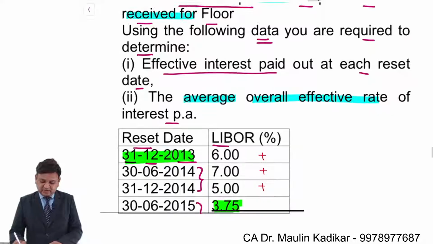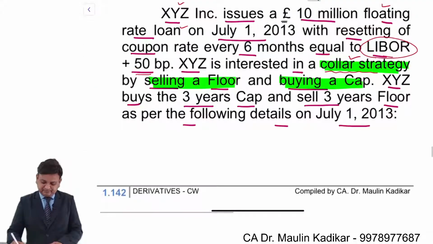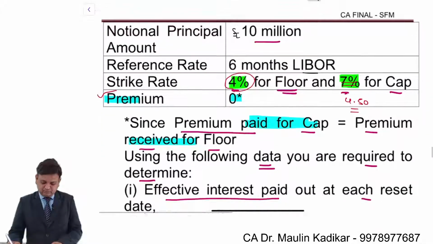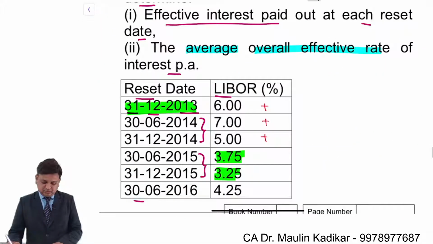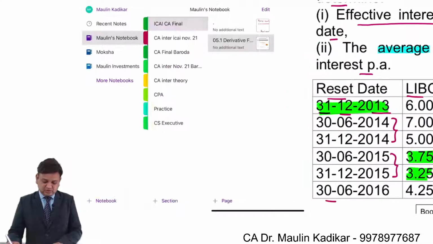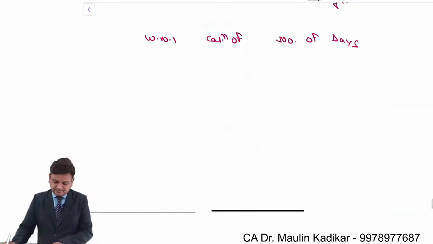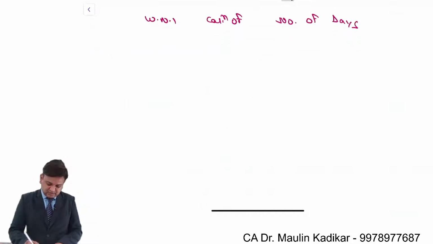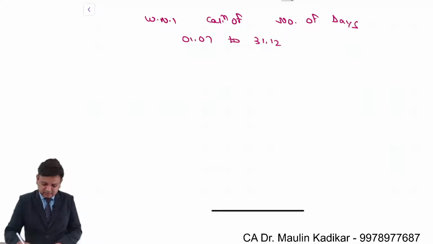So the date of borrowing is provided to us as 1st of July to 30th of June. Sorry, 1st of July to 30th of December. Number of days: 1st of July to 31st of December, year 2013.